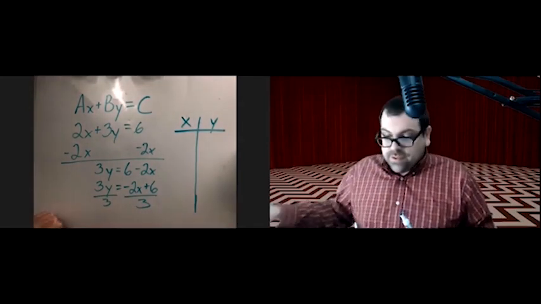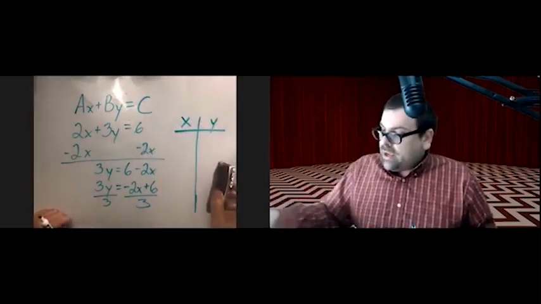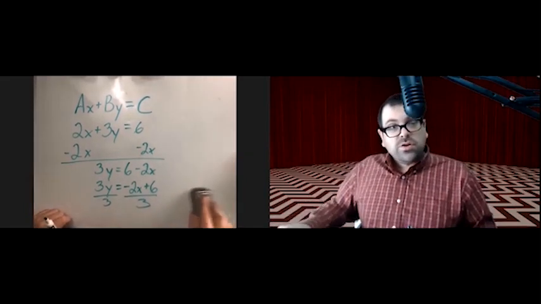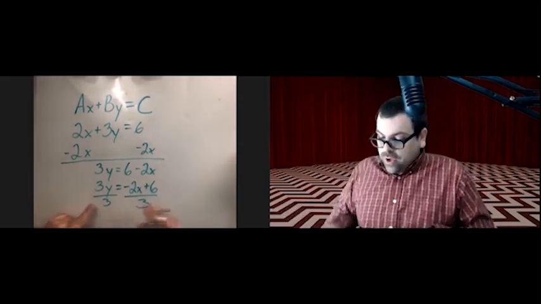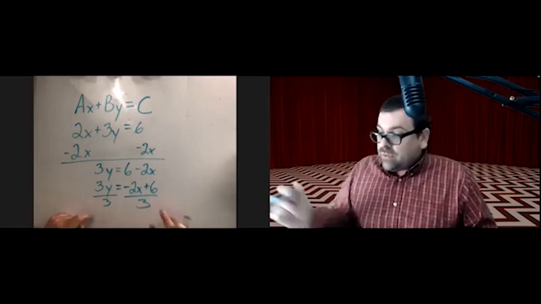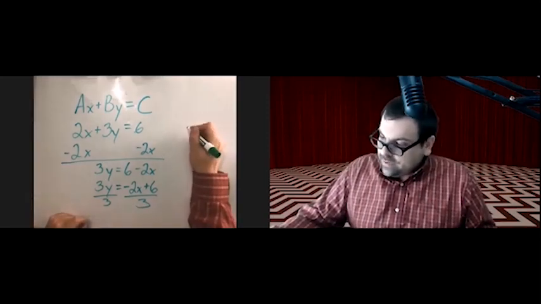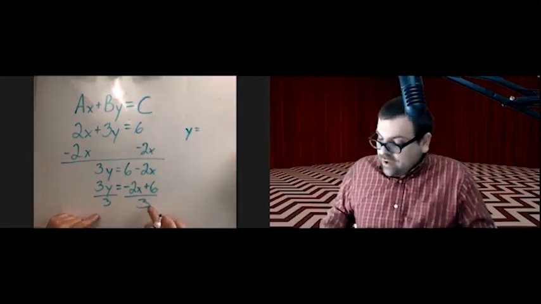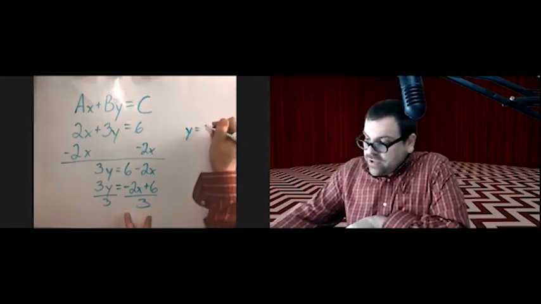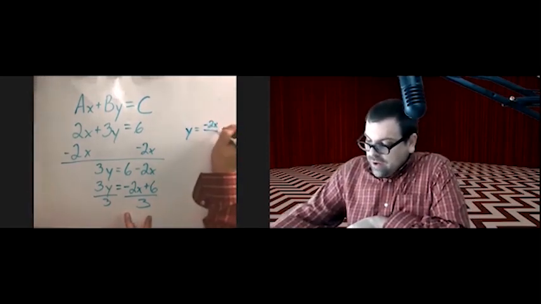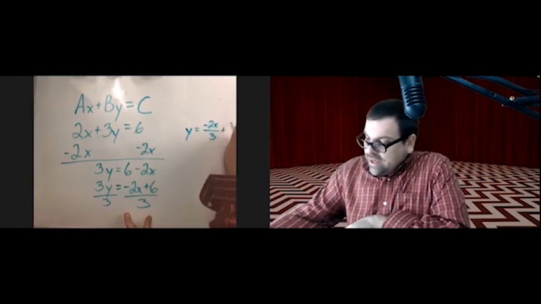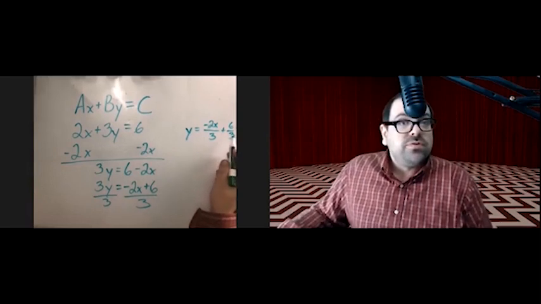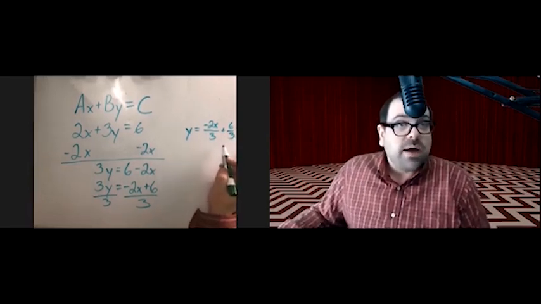When we do this, I'm going to go ahead and erase the XY table for now, just to give myself a little more room. When we divide both sides by 3, that's just going to leave us with the y on the left. And on the right, both of the terms, the negative 2x and the 6, both of those terms will get divided by 3.